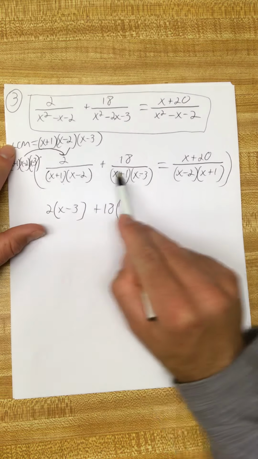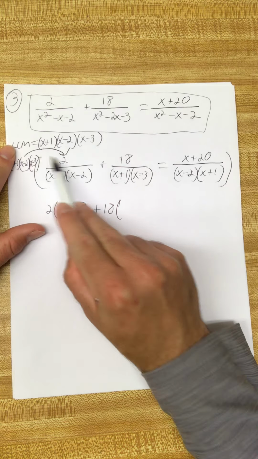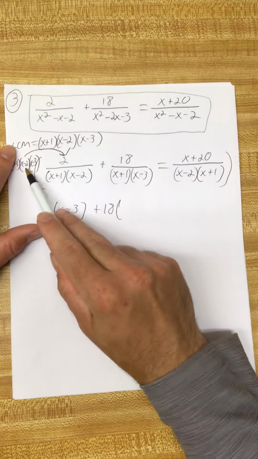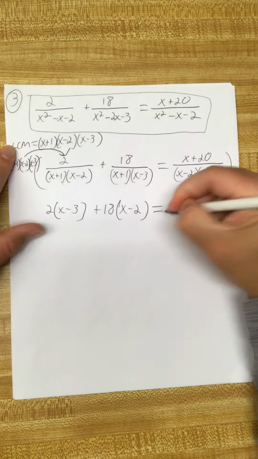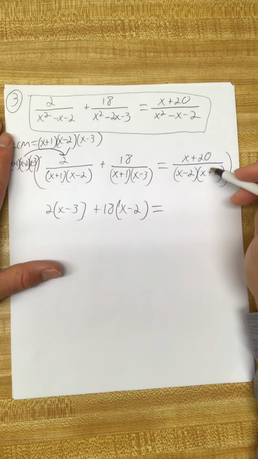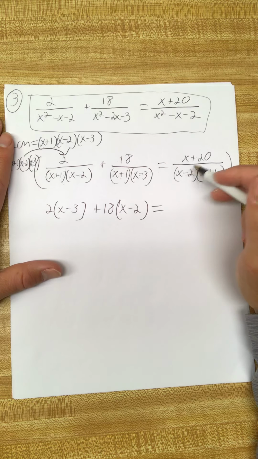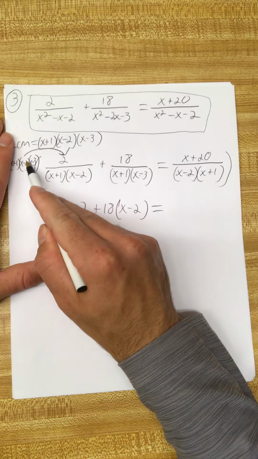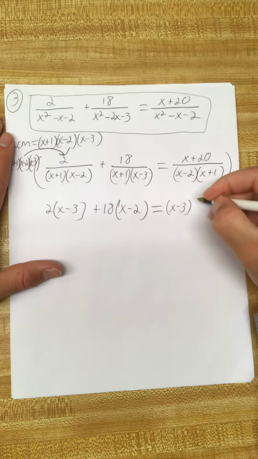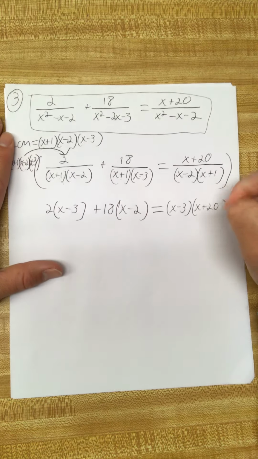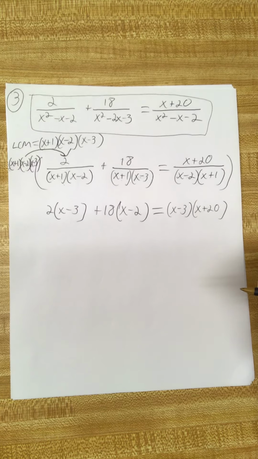So your x plus 1s are going to reduce to 1. x minus 3s are going to reduce to 1. You're going to have 18 times x minus 2. And then over here on the right, you have x minus 2 and x plus 1. So it's going to reduce the first 2 to 1. So you're going to be left with x minus 3 times x plus 20. And that's where you're really going to run into a lot of work on this problem.